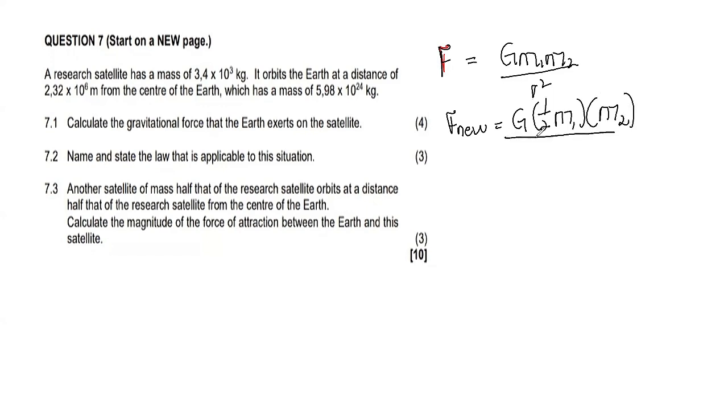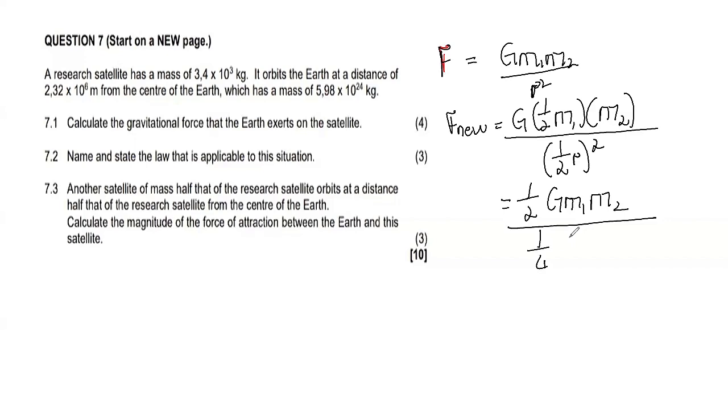But then they said they halved the distance, so we'll say half r and then square that. Remember, in the position of r, we are saying this is half of r now. So this will be half G m1 m2, and below here we'll have 1 over 4 r squared.